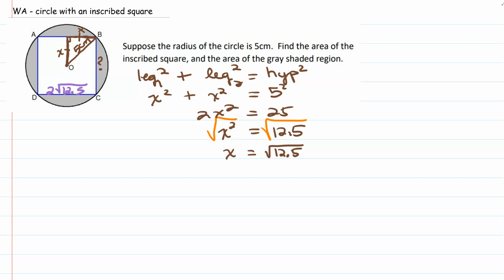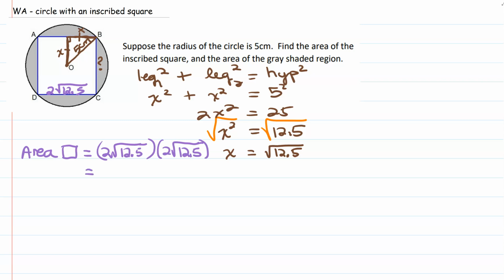Now the area of the square would be 2 times the square root of 12.5 multiplied by 2 times the square root of 12.5. If you type all that into your calculator, you should get 50.